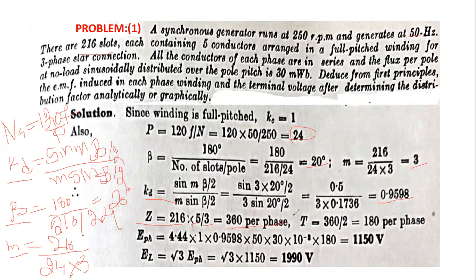After calculating the Z value, we calculate the T. What is the T? That is Z by 2. Therefore, T is the number of turns, and T is equal to Z by 2, where Z is the number of conductors. Then we obtain the number of turns.